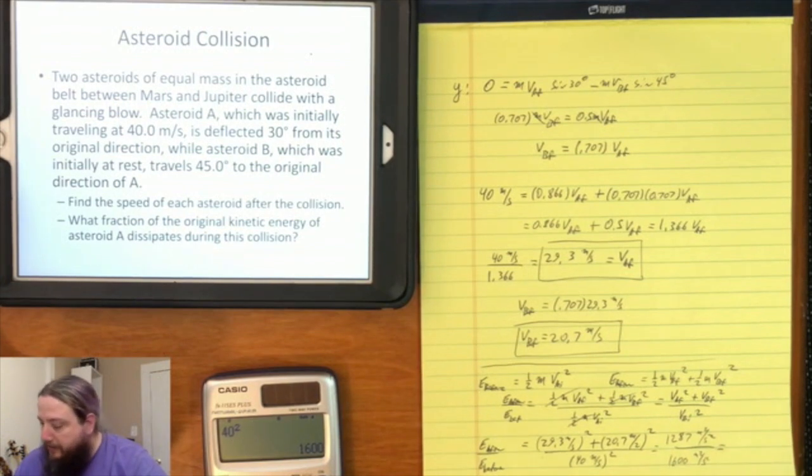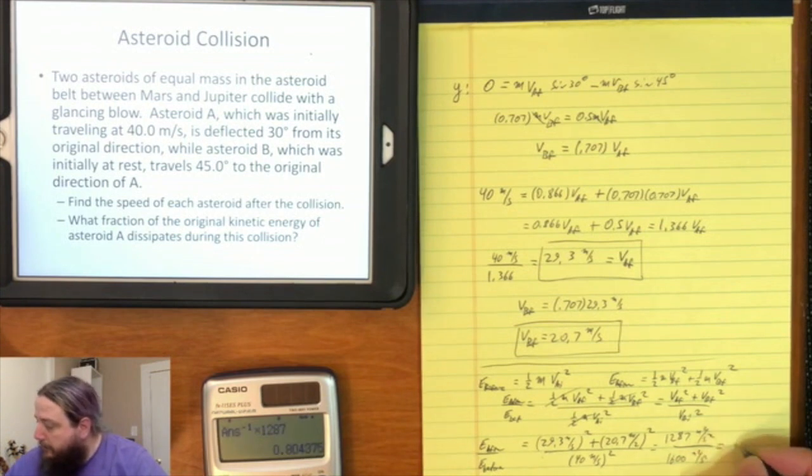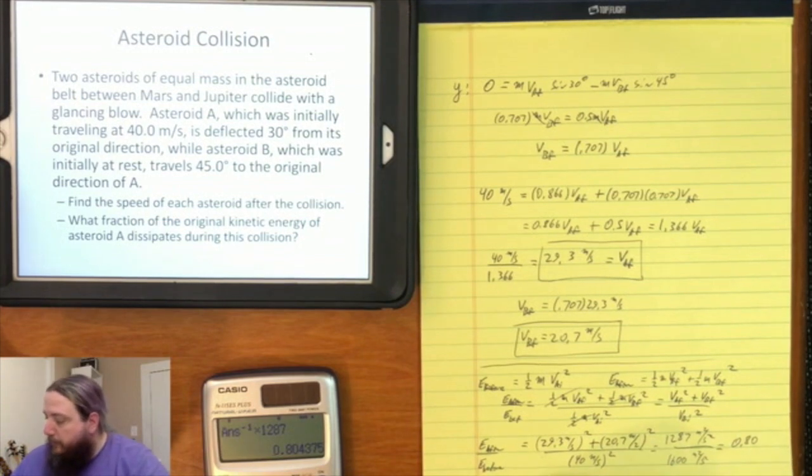So that ratio is 1287 over 1600, 0.80. So in other words, energy after is 80% of the energy before, or we lost 20% of the energy.